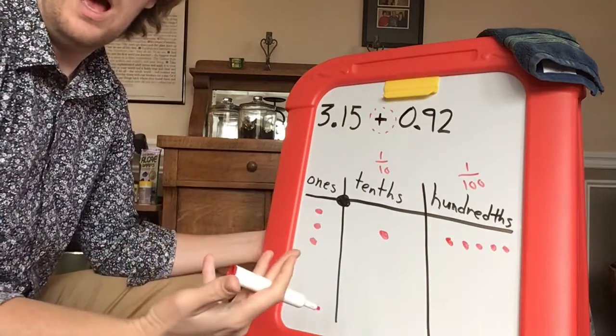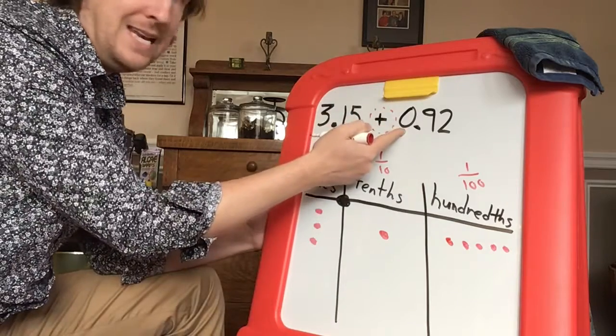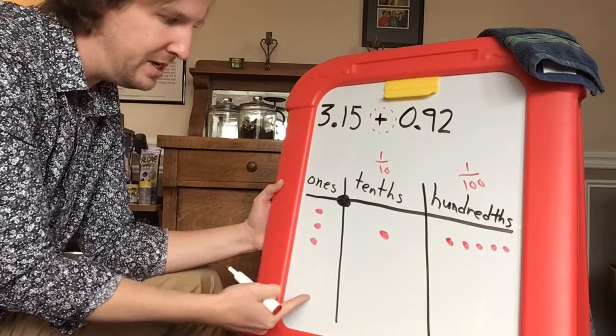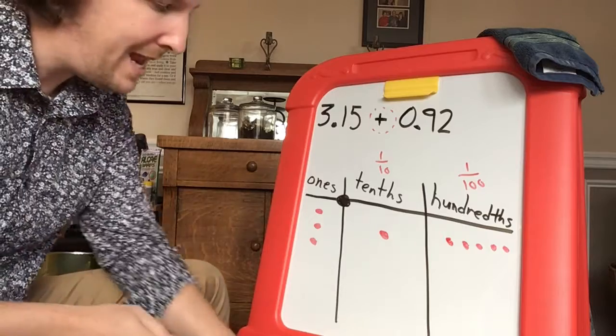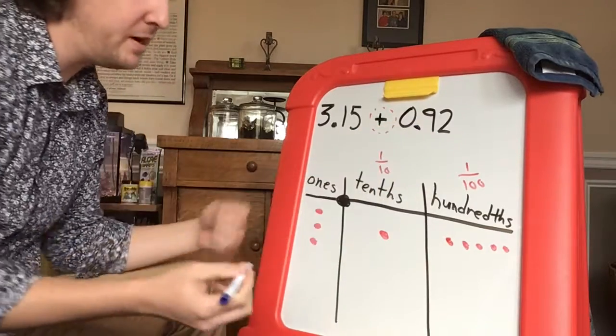So I want to show that I can add 92 hundredths. Now, I don't have any ones, so I don't add anything in this place. This stays the same. But I can add those 9 tenths there. This is very interesting.